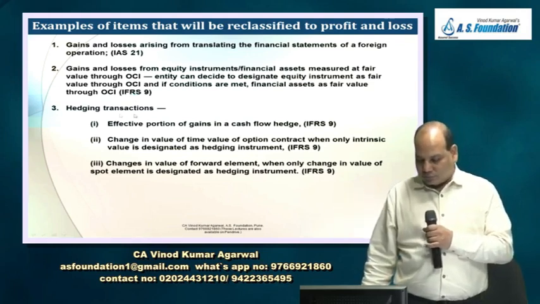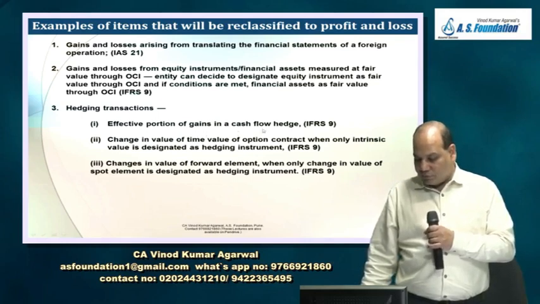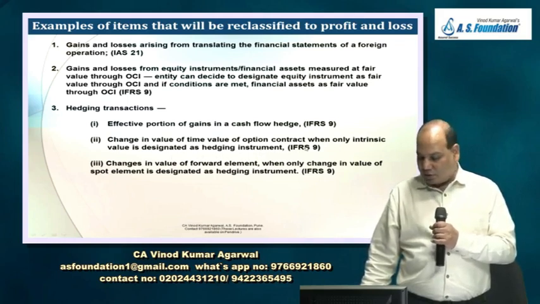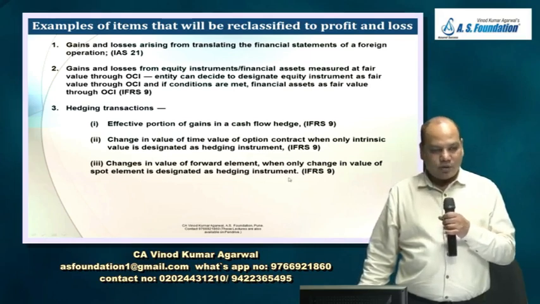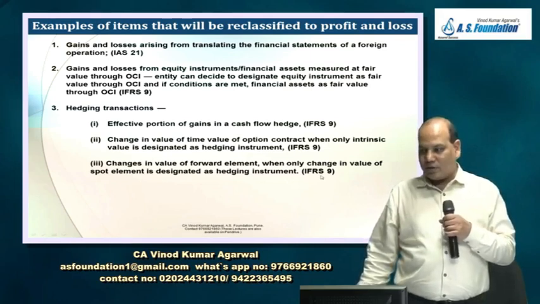Hedging transaction. Effective portion of gain in cash flow hedge, IFRS 9. Change in fair value of time value of option contract when only intrinsic value is designated as hedging instrument, IFRS 9. Change in value of forward element when only change in value of spot element is designated as hedging instrument, IFRS 9.